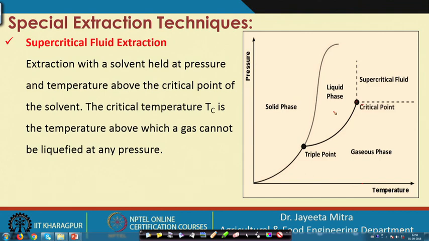For example, the solubility of a component, because we know that gases are of low density at low pressure, right. So, the density of the gas is increased when we increase the pressure.